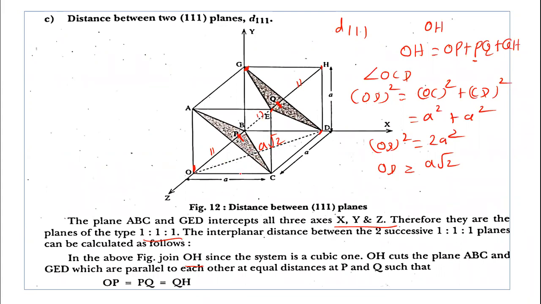Now let us consider another right angle triangle, ODH. This is also a right angle triangle, you can see the diagram.